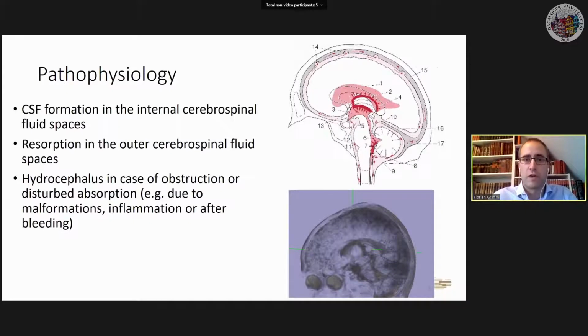Often after inflammation or bleedings, an obstruction or a malabsorption of the CSF can occur. This results in a fluid accumulation and leads to an enlargement of the CSF spaces, to elevated intracranial pressure, and results in an atrophy of brain mass.